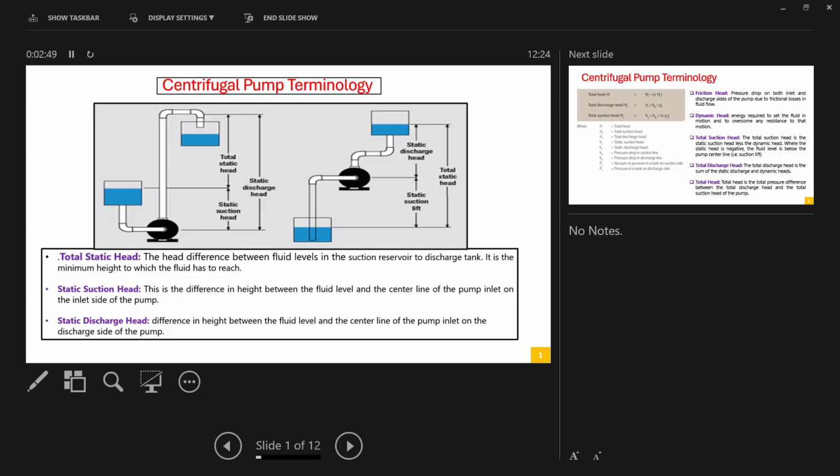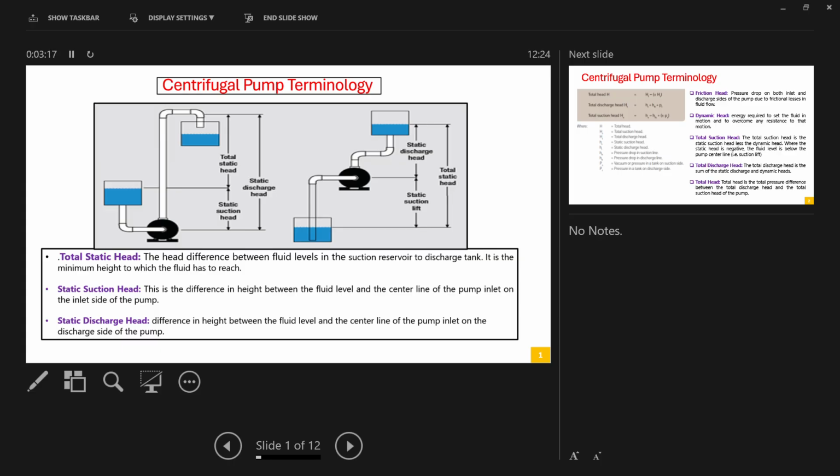In a similar way, in the second picture, the pump is taking suction from an underground tank, and in this particular case we call it static suction lift. That is the distance between the pump center line and the top of the underground fluid level.